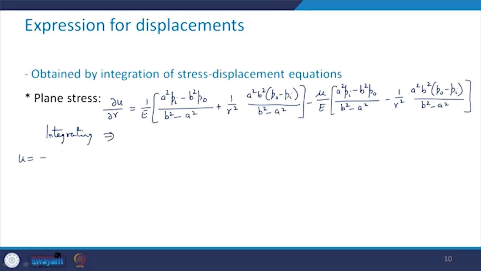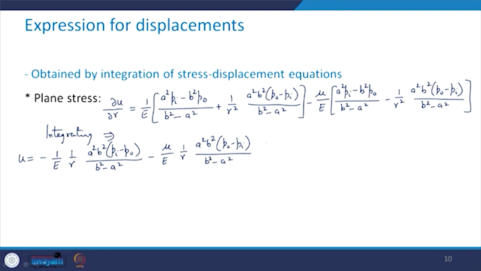It will look like minus 1 upon E 1 upon r a square b square (pi minus p naught) divided by (b square minus a square) minus mu upon E 1 upon r a square b square (p naught minus pi) divided by (b square minus a square) plus 1 upon E a square (pi minus b square p naught) divided by (b square minus a square) into r minus mu upon E a square (pi minus b square p naught) divided by (b square minus a square) into r.